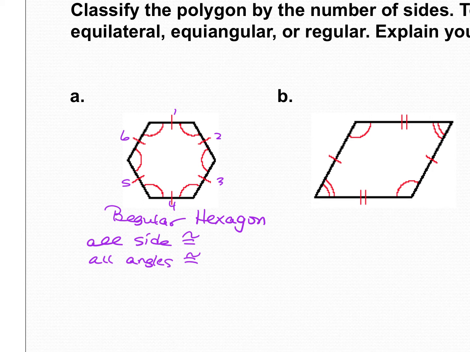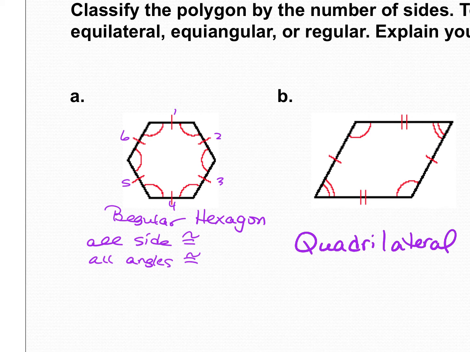So this is not equilateral, it's not equiangular, so that means it's also not regular. This is just a plain old quadrilateral. I can actually name it, but it doesn't get one of those special names as being equilateral, equiangular, or regular. It's just a plain old quadrilateral.